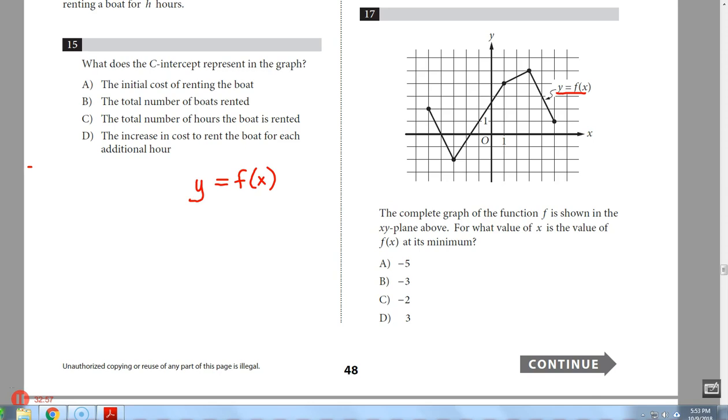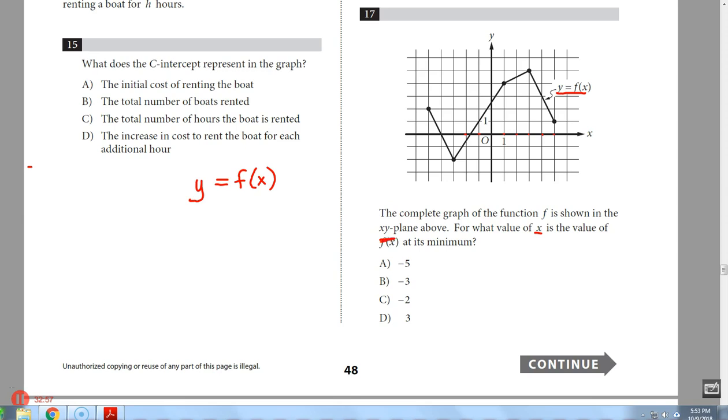So when I'm looking at this graph, it says the complete graph of f is shown above, for what value of x. So here's a value of 1, 2, 3, 4, 5. X is -1, x is -2. So for what value of x is f of x, or is y, at the minimum?